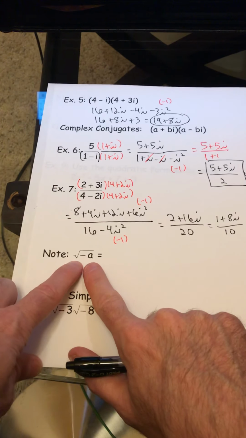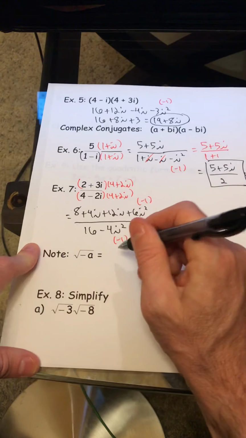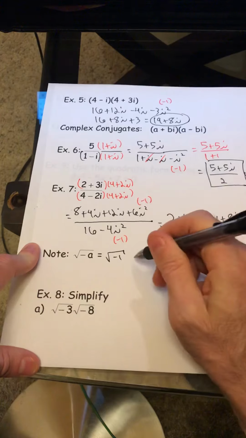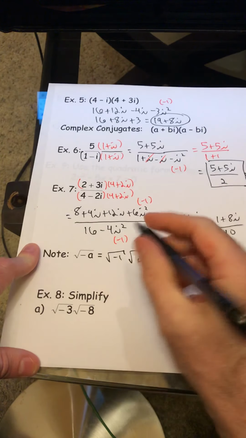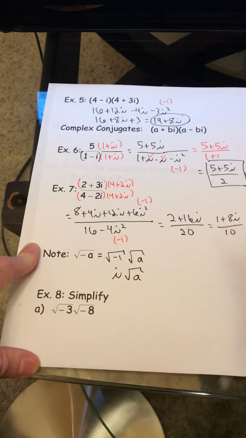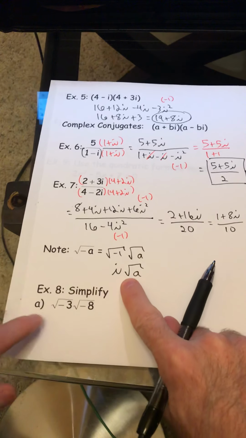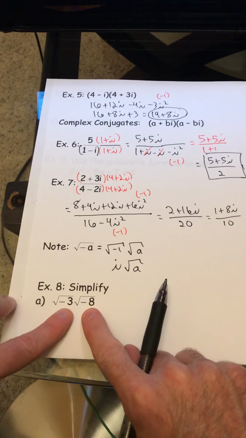And that is if you have the square root of any negative value, basically what we are going to do is we're going to treat that like it's the square root of -1 times the square root of a. The square root of -1 is i.